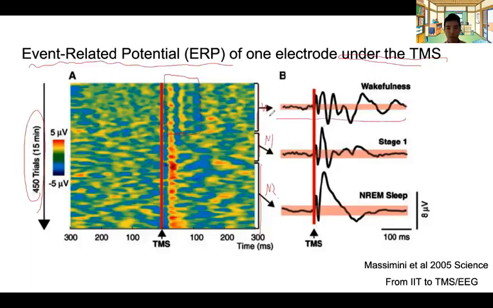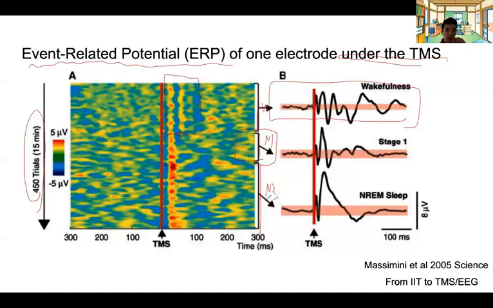This particular electrode seems to show that after the TMS, it goes up and then down, up, down, up, down, down, and then up and down, and so on. This red line corresponds to the baseline activity, and above and below it means that something significant happened. Then during N1, at the onset of sleep, where you might experience some kind of dream or hallucination, there is some activation, but it also goes down really quickly.